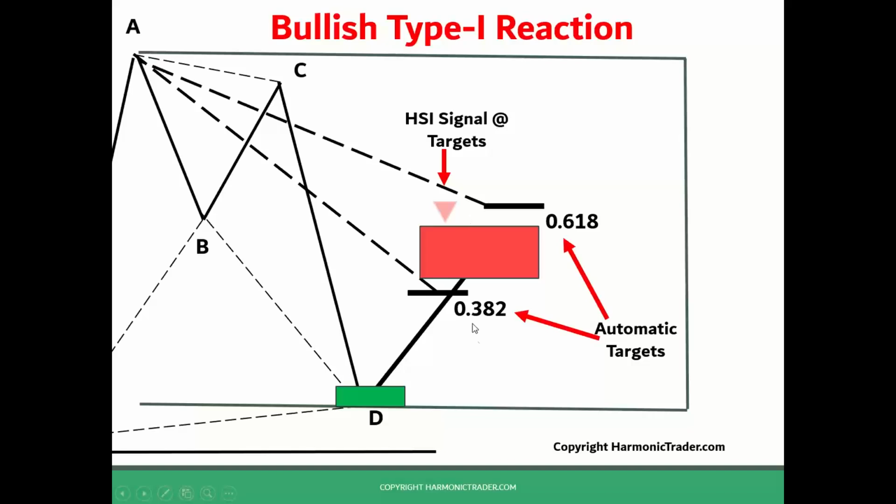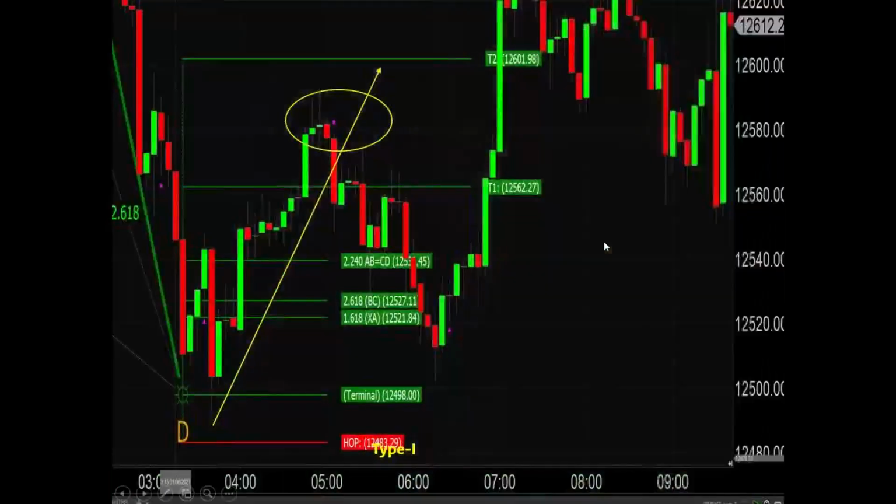And then if it rolls over, okay, we would expect a full retest. Sometimes it doesn't roll all the way back over. That's all right, but we're just trying to capture that reaction and utilize the HSI as our real trigger window and see the violation of the trend line. We're targeting 12,562 no matter what, and that's a level you want to plant in your brain.